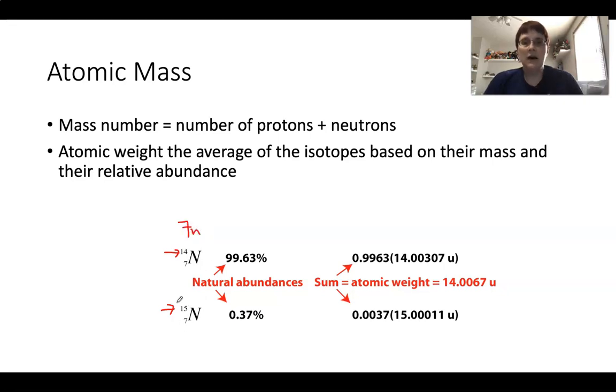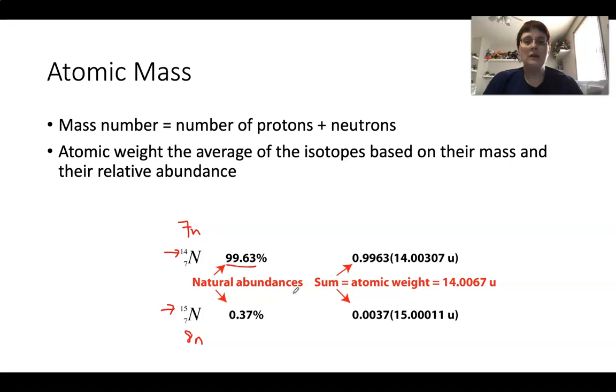Down here, we've got N15, so it's got 8 neutrons. So we know they're different isotopes. N14 is incredibly common, 99.63%. Almost all of it is going to be N14, but we have a little bit of it that's N15.